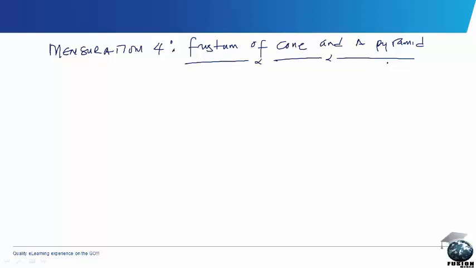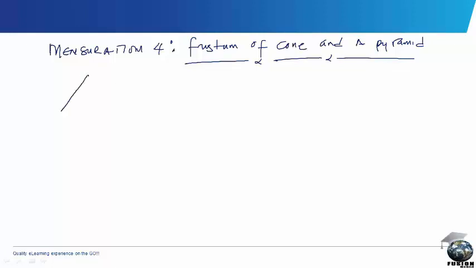For a frustrum to be obtained from a solid like a cone or a pyramid, the solid must be placed on a horizontal platform, and then a cut is made through the solid parallel to the horizontal platform, and then we have a frustrum and a smaller cone or a smaller pyramid. So we illustrate using diagrams.